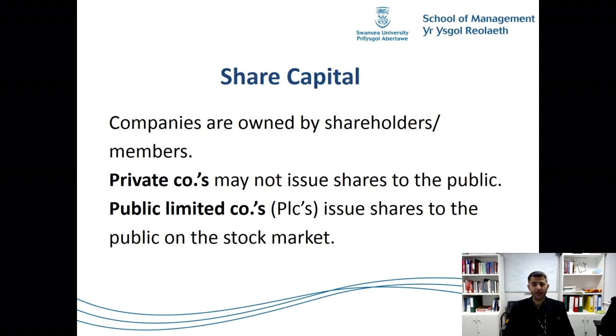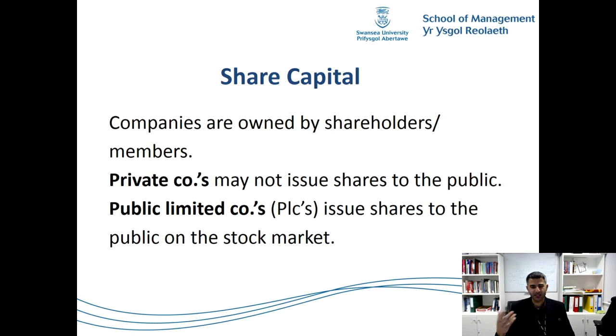So the company which issues shares to the public, and everybody can buy these shares, including you, including me, is public limited company. When we talk about public limited company, we talk about Tesco, we talk about Mark and Spencer's, we talk about Barclays. So the huge businesses, they are listed.